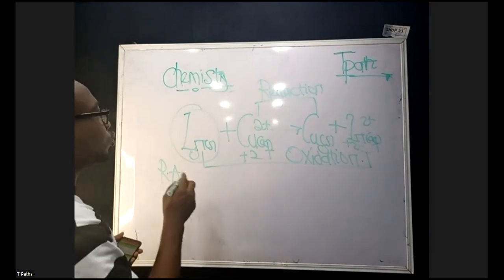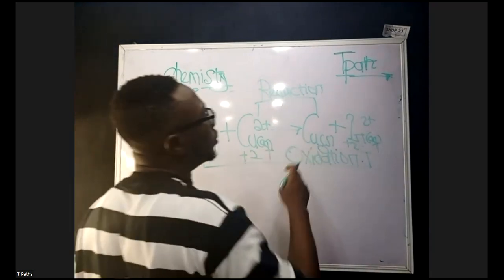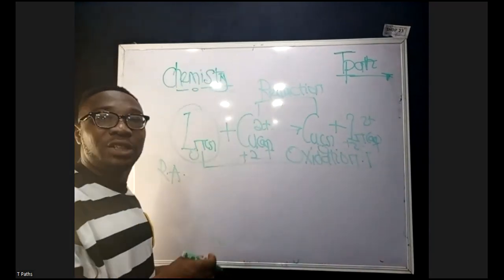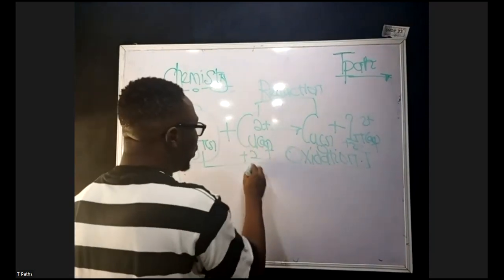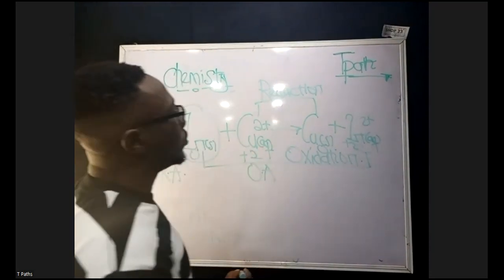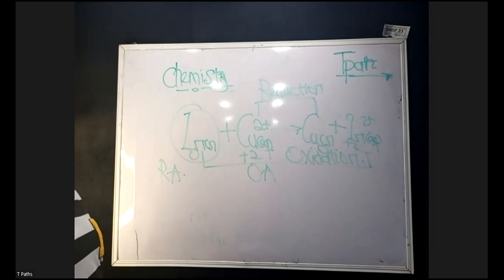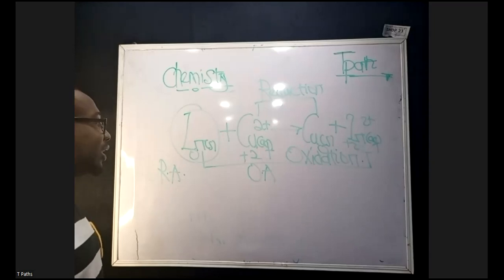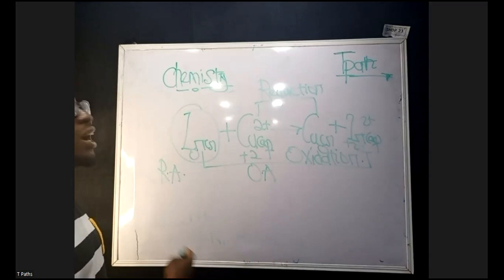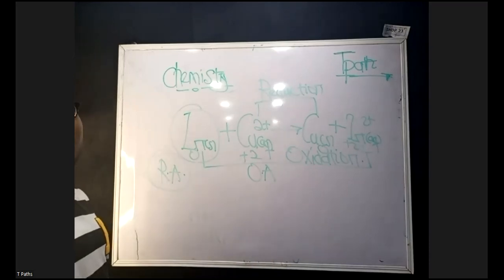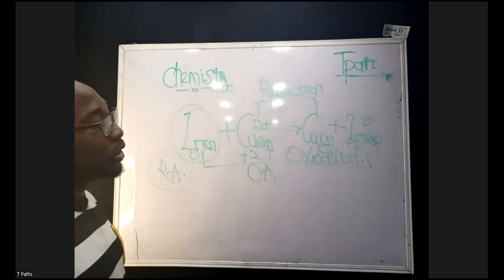For copper, Cu2+, from plus 2 to 0, there's been a decrease in oxidation number, and such a substance is said to be an oxidizing agent. So that is the technique of knowing it. You look at the oxidation number, and you can easily figure out the reducing agent and the oxidizing agent. Another tactic is that most metals are reducing agents. Most of the time, metals are always reducing agents.